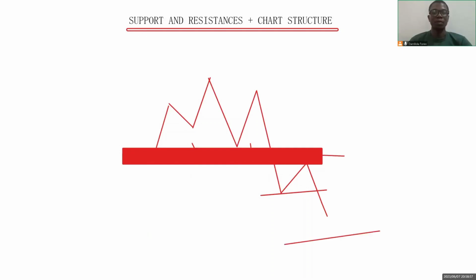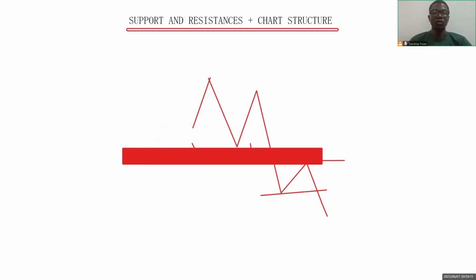We can sell and put our stop loss right at the high right here and sell to wherever the next zone is. Okay, so for us to sell, like I said, we have to wait for prices to turn the support to a resistance first, as indicated right here, before we can place our trade.